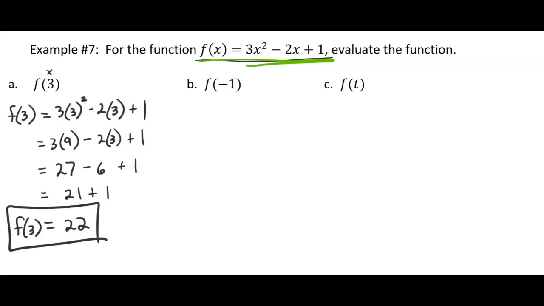Okay, so we have 2 more examples. So our next one, f of negative 1. So for that, we're going to put a negative 1 in here, here, and here. So we're going to have 3 times negative 1 squared minus 2 times negative 1 plus 1. So this is a good chance for us to practice our order of operations. Negative 1 squared is 1.